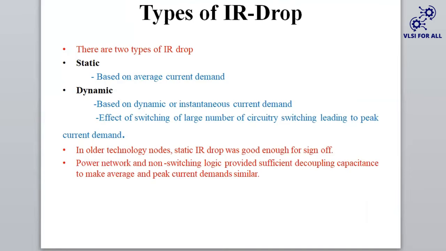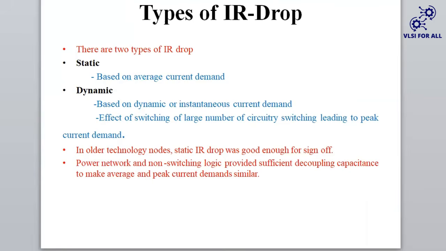In IR drop also we have these types, static and dynamic. Static is based on your average current demand, whereas dynamic is based on your instantaneous current demand, the effect of switching of a large number of circuits, leading to peak current demand.